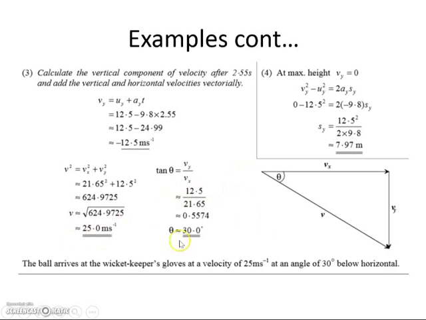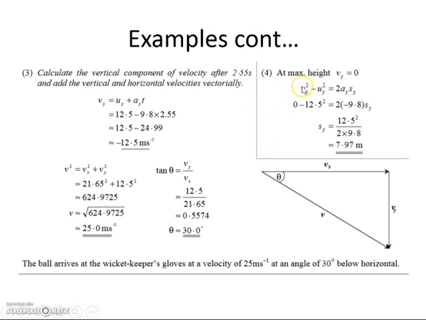Excellent. So what we can see there is it's exactly the same as when it left. If you were clever, you could say by symmetry that the velocity and the angle are going to be the same, and that would be a perfectly acceptable exam answer.